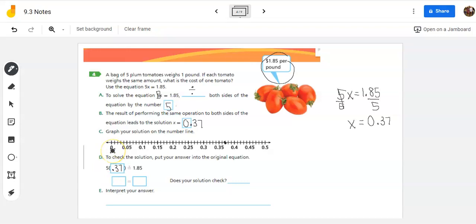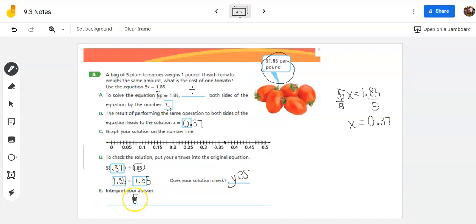5, remember, in parentheses means we're multiplying. 5 times 0.37 is 1.85. And it should equal 1.85 because that's what they have here. So 1.85 equals 1.85. Does your solution check? Yes. So interpret your answer.